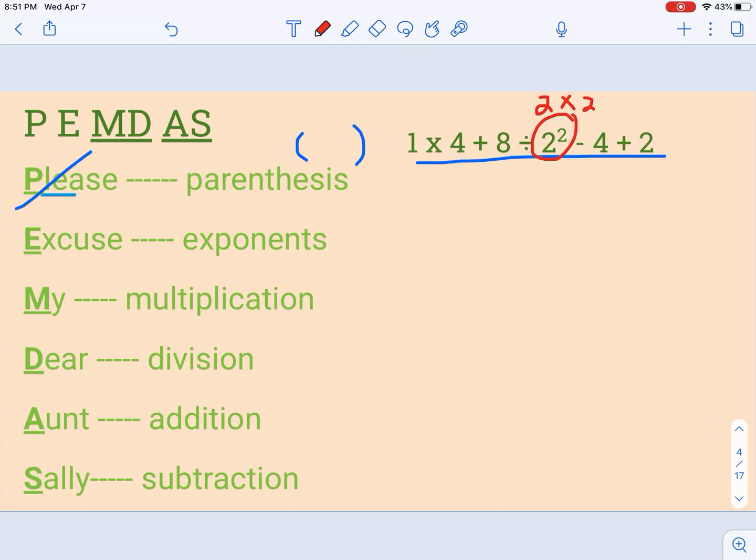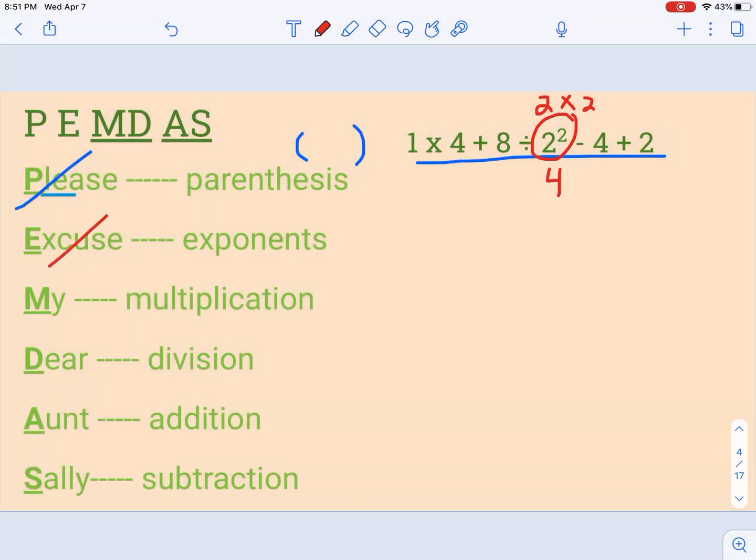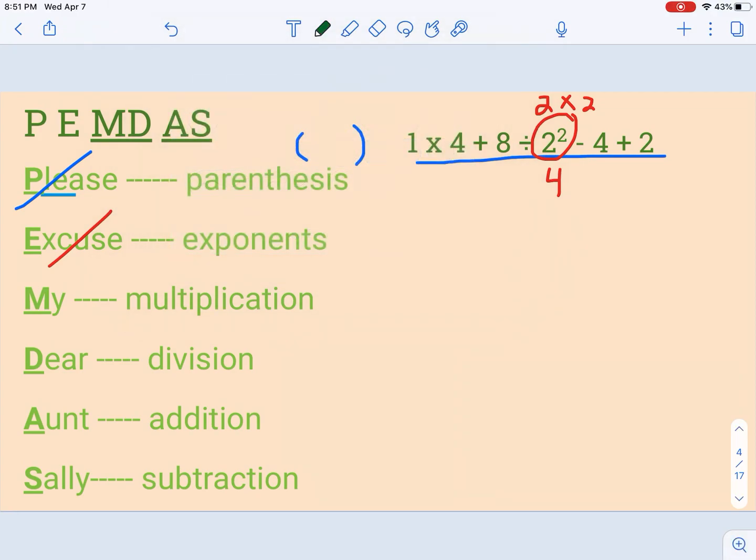And 2 times 2 is 4. Okay, so I just did the part of exponents. I like to write the other parts of the expression back on there. So I have 1 times 4 plus 8 divided by, now it's 4, because we just solved that part, minus 4 plus 2.